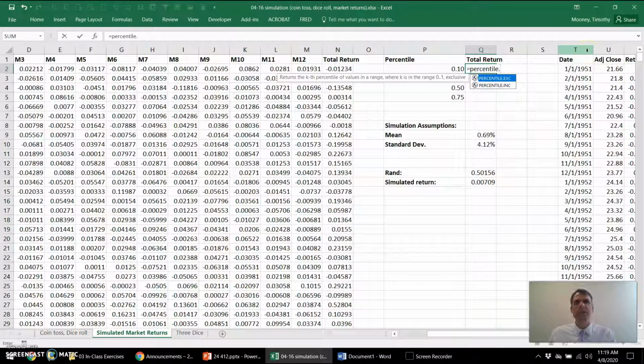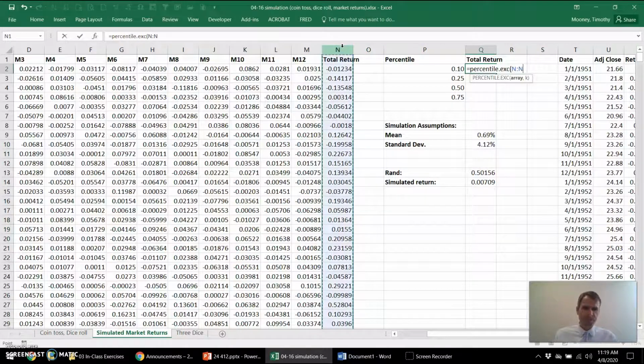So equals percentile. There's two percentile functions, percentile exclusive, percentile inclusive. Feel free to check out the differences if you're interested. They should be mostly the same for a large cell range. But the percentile function, the first argument is the range of data that we want to look at. And the second argument is the percentile.